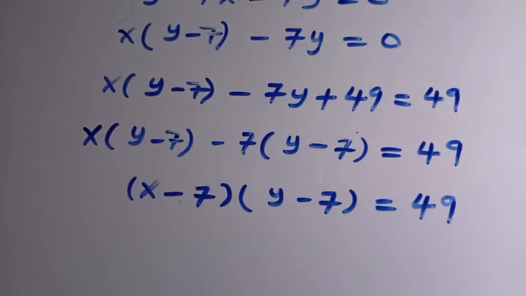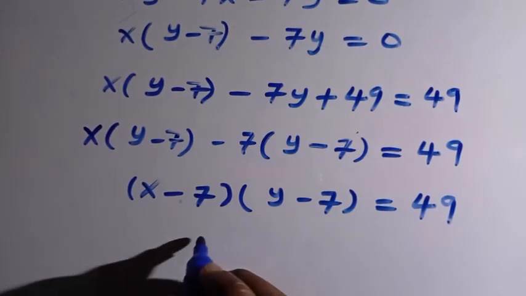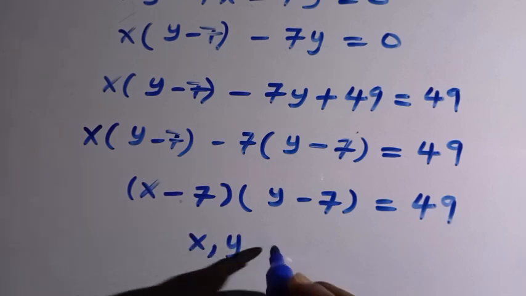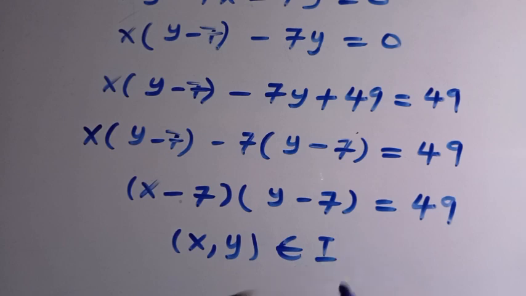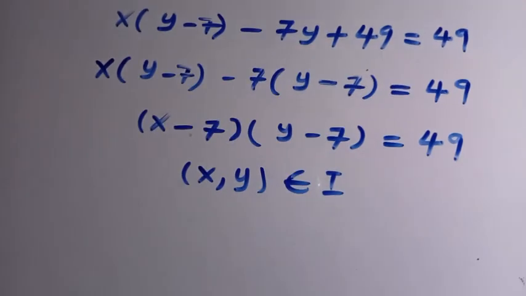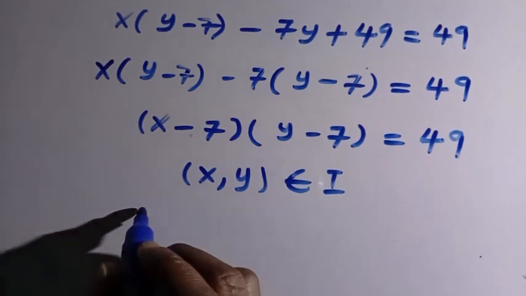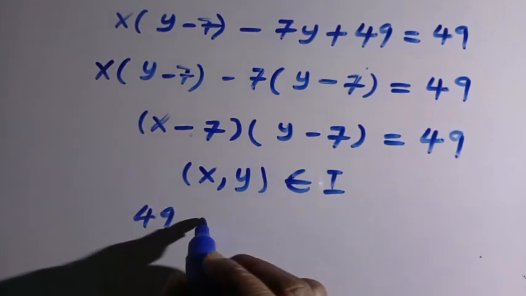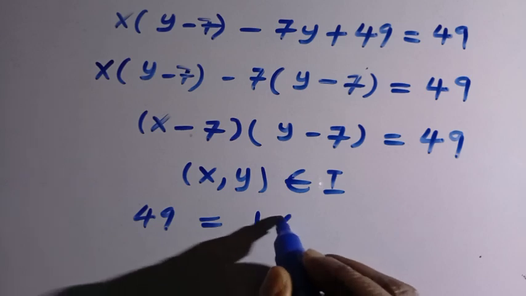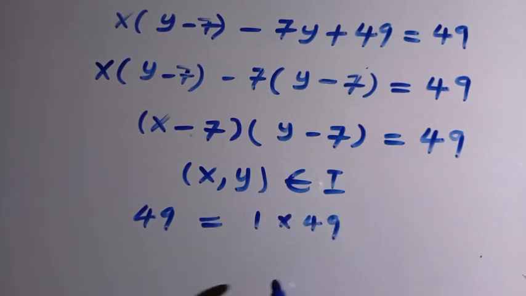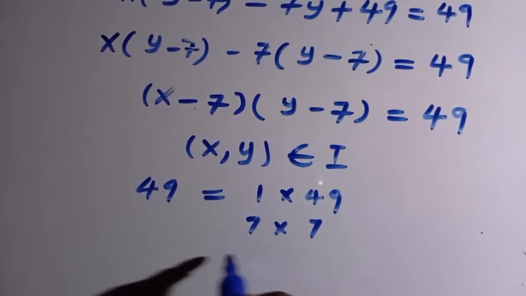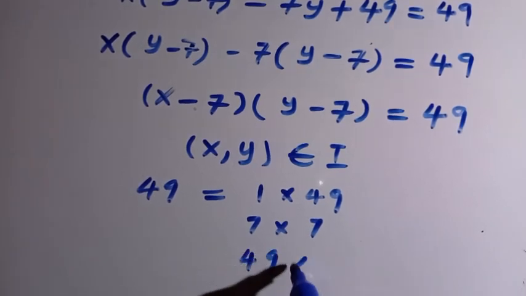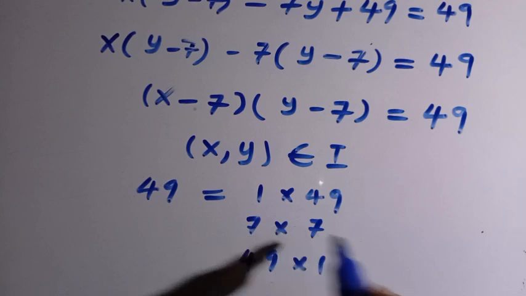As far as we have this, it's very simple. We have to note that x and y both are members of the integers, so both positive and negative. Then we have to consider all the factors of 49. If you have 49 here, you can call this 1 multiplied by 49, 7 multiplied by 7, and 49 multiplied by 1. That is for the positive part.